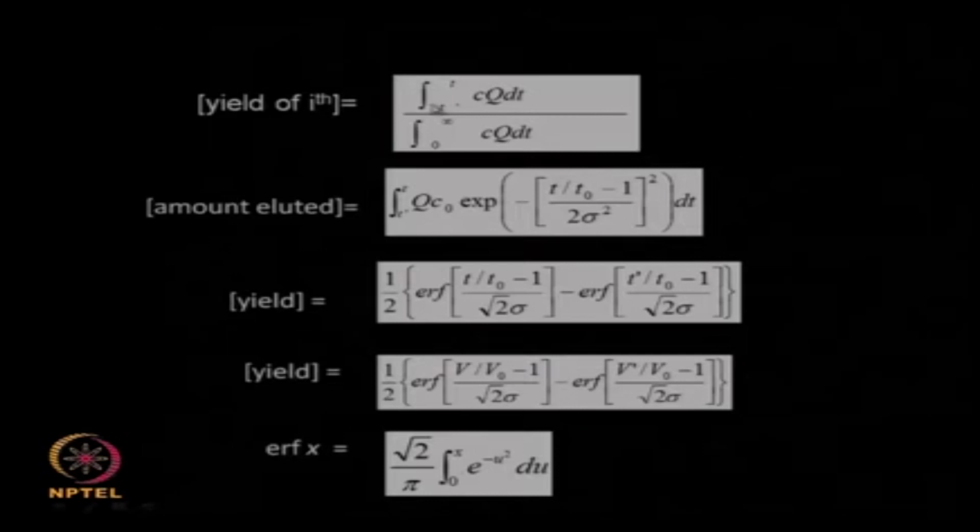the amount you collect during this period T dash to T, and the total between 0 and infinity. So for the amount eluted, if we substitute for C, I will substitute it as C0 e^(−(T/T0 − 1)²/2σ²) dt.